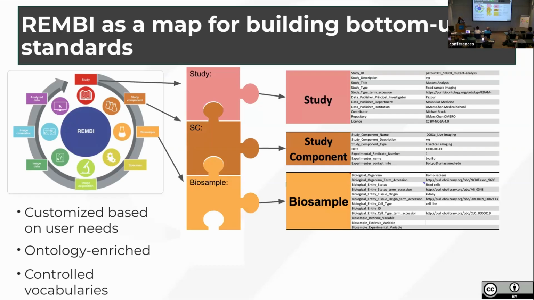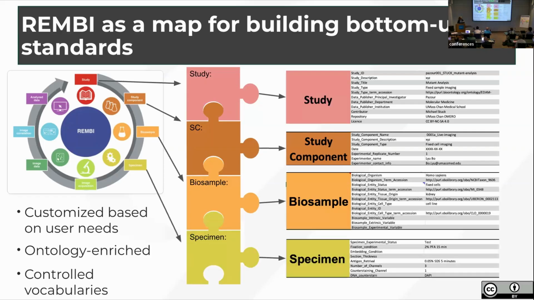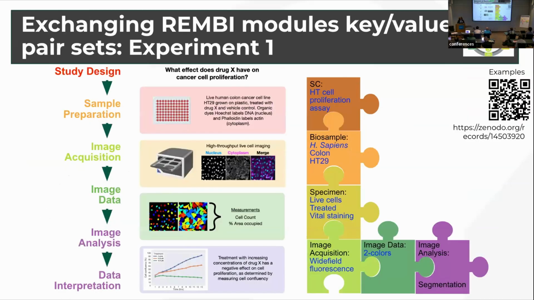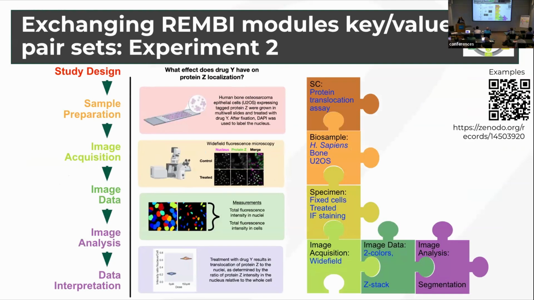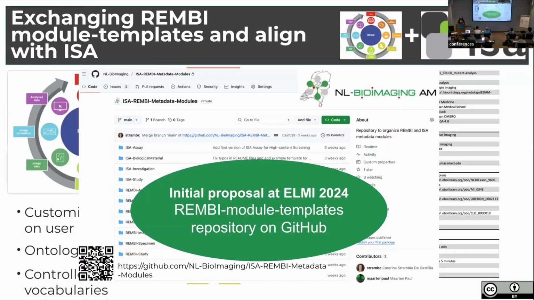And then we can exchange this and see if any kind of standard emerges. So the idea is that each one of these pieces can be a piece of the puzzle, and depending on the type of experiment, we can exchange different types of models. We have a small project that was proposed last year at OME.